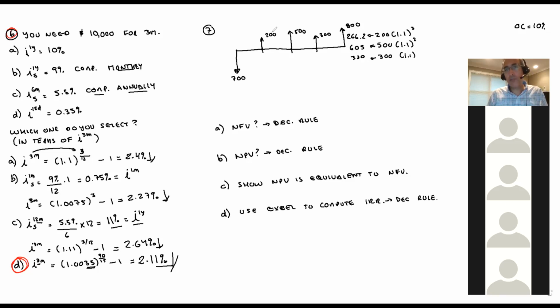Okay, so what I've done is I've moved all the cash flows to the future. So my future value is going to be 330 plus 605 plus 266.2 plus 800. So my future value is going to be equal to 2001.2.